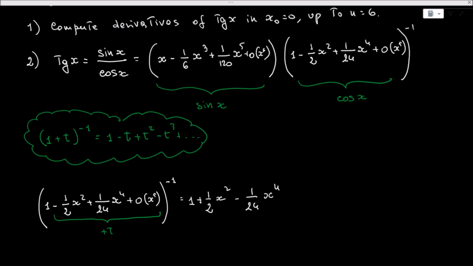Okay, so this is simply minus t. Well, now the next term should be plus t squared. Okay, so when doing the square of t, we notice that we definitely have 1/4 x to the 4. And now every other term will have a power of x larger than x to the 4, which is something that we can immediately neglect.